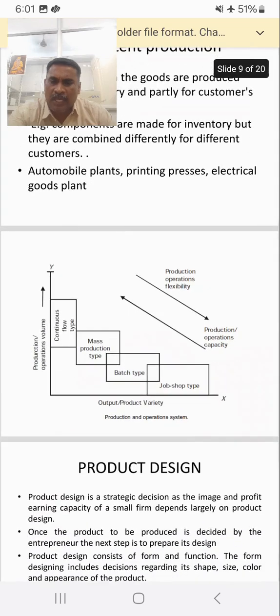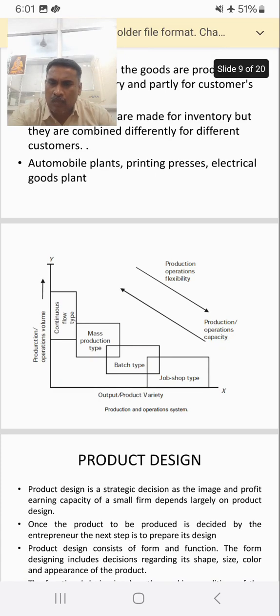This graph shows how mass production, job production and continuous flow production can vary. The output and variety increase along the y-axis, and the count increases along the x-axis. So based on this, the graph has been divided by production type.